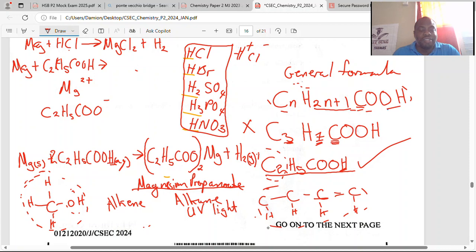So for ease, we just say that we can react either of these substances with bromine water or acidified potassium permanganate. In the case of acidified potassium permanganate, again, if you put the alkane, you're not going to have a reaction, and so it's going to remain purple. Now, that is due to the fact that alkanes are saturated.